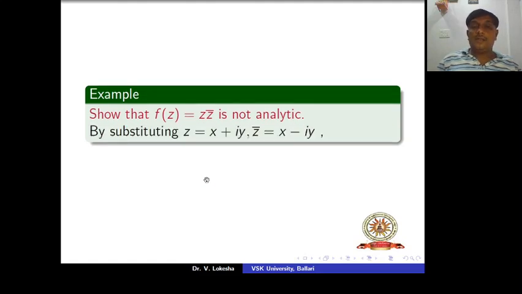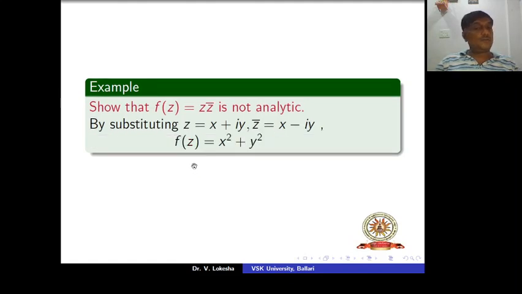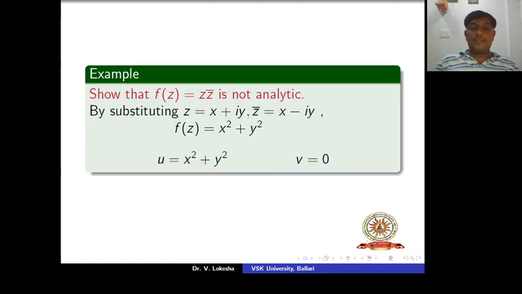Then you can substitute z = x + iy and z̄ = x - iy. Multiplying these two, you get the (a+b)(a-b) form. Then f(z) = x² + y². Here only the real part is present. u = x² + y² and v = 0.